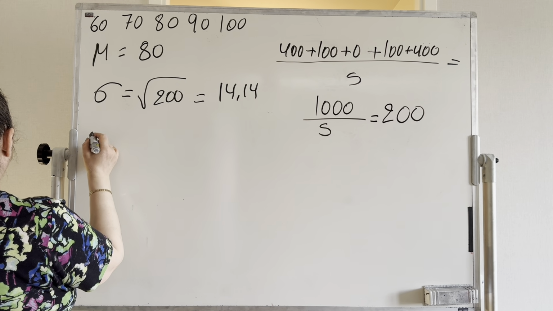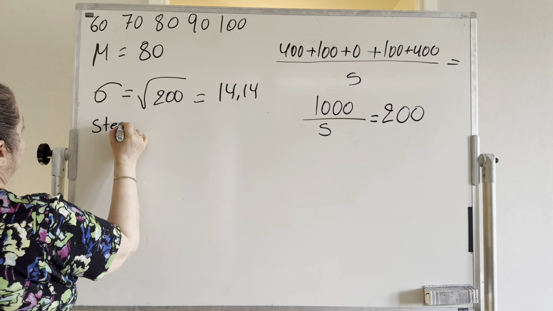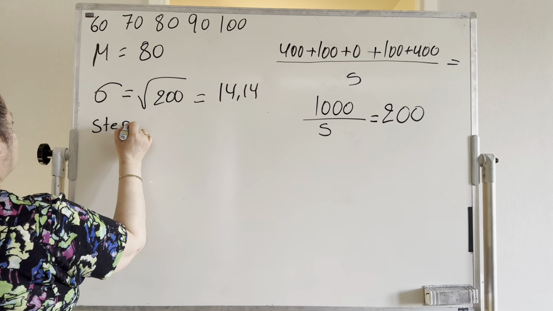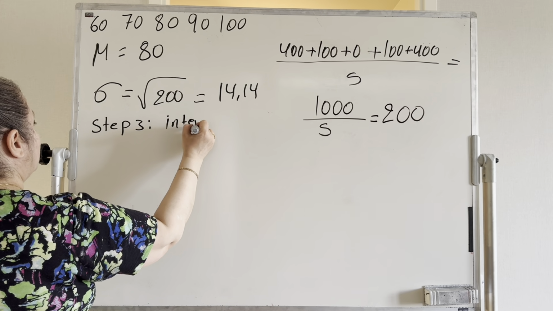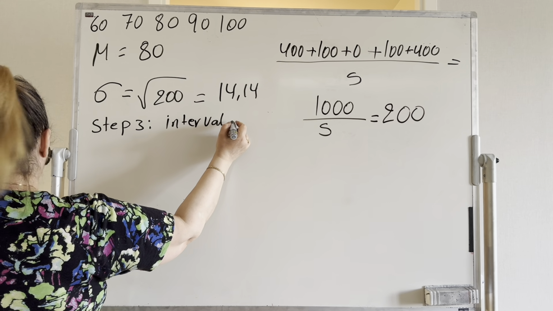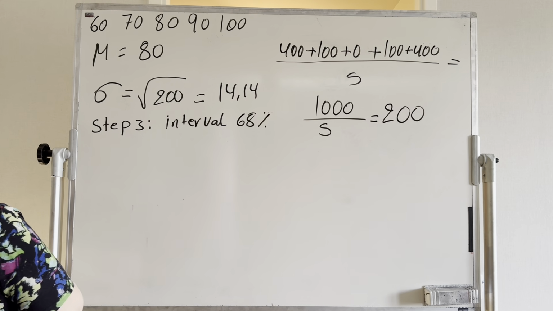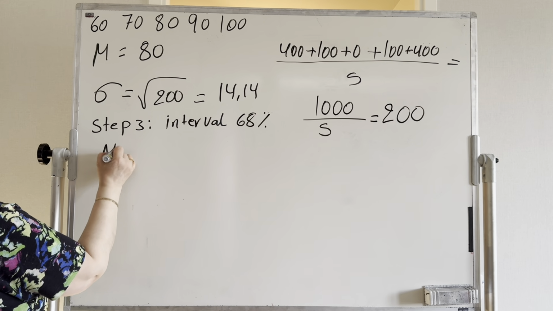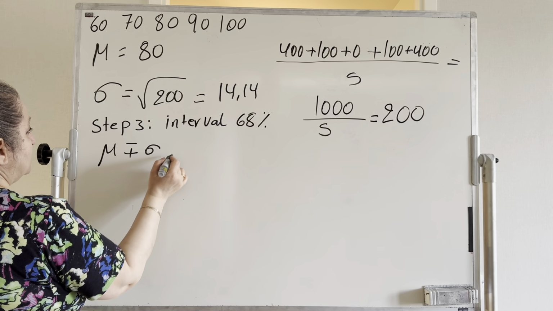Step 3, the interval. For 68 percent, mu plus minus sigma.